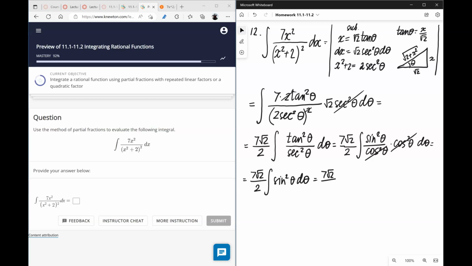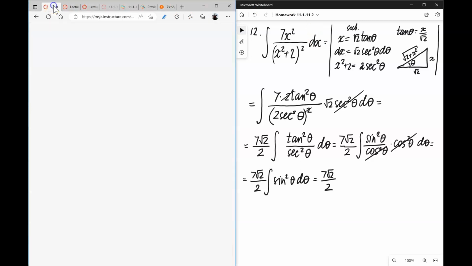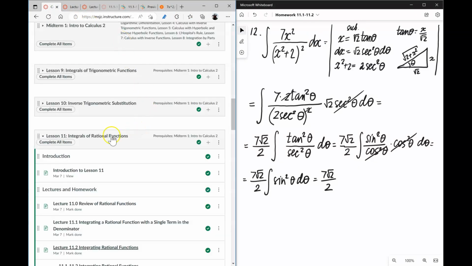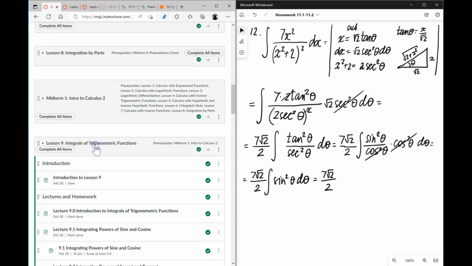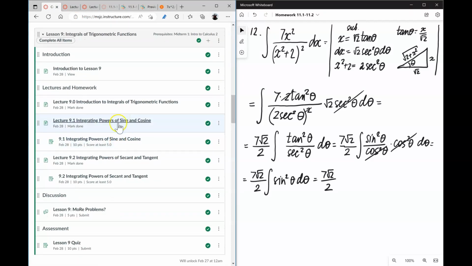Meaning, how do we integrate sine squared theta d theta? We have to go to integrals of trigonometric functions, integrating powers of sine and cosine.